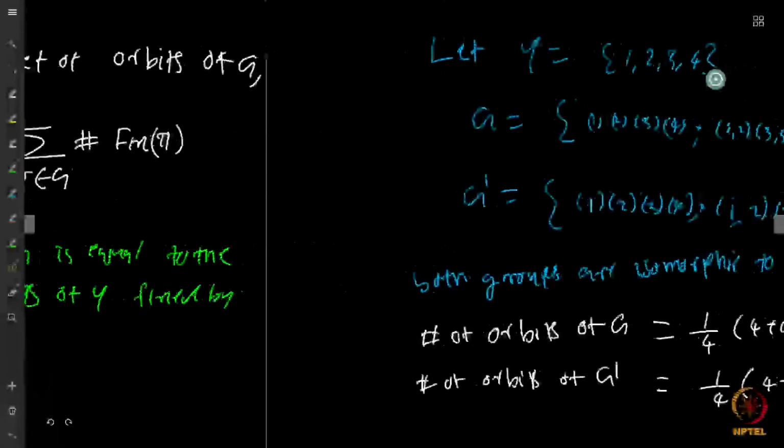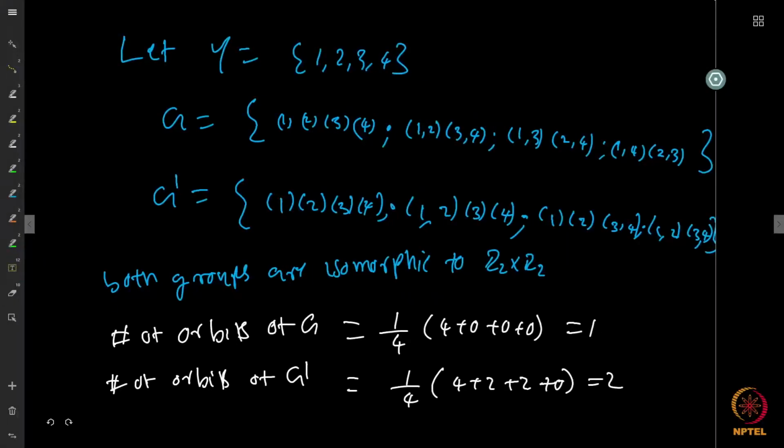Now let us look at an example. Let's say that Y is the set {1, 2, 3, 4}, and G is the group with the identity (1)(2)(3)(4), then (12)(34), (13)(24), and (14)(23). Right?